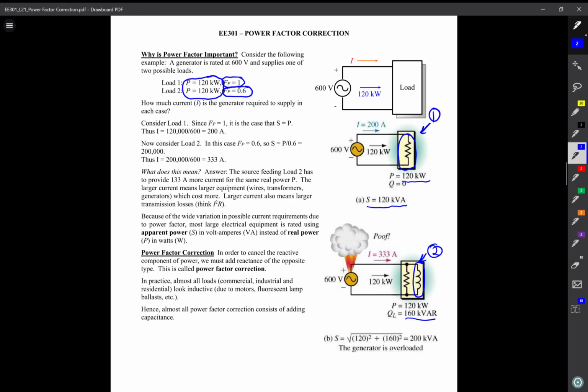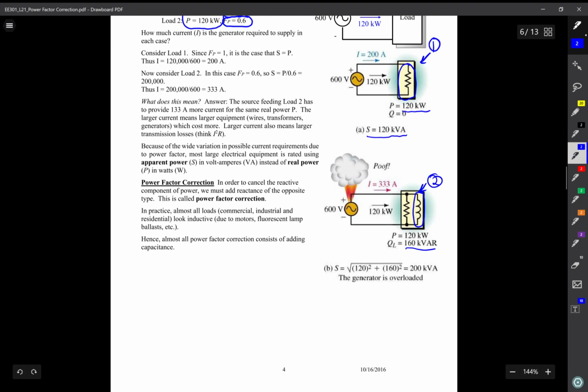For the second case, in a power triangle, this is P, this is QL, and this is S, equals the square root of the sum of the squares, which is equal to 200 kilovolt amps.